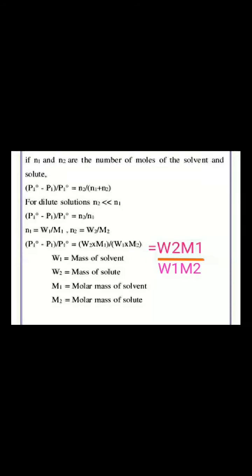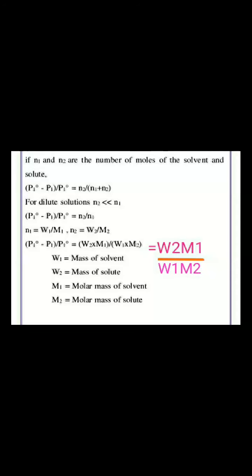Now what is the application that I mentioned earlier? It is used to determine the molecular mass of non-volatile solute. As relative lowering of vapor pressure, that is delta P divided by P1 naught, is equal to x2, now P1 naught minus P1 divided by P1 naught is equal to x2, which is equal to N2 divided by N1 plus N2.